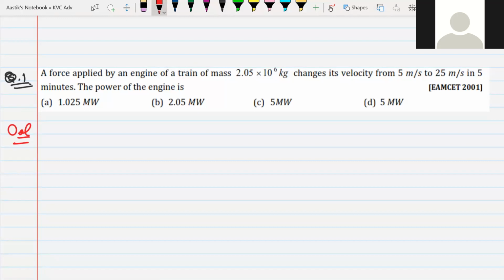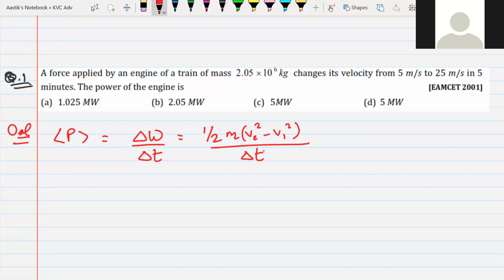That is correct. How did you get it? Sir, average power is total work divided by total time. How do you find out the total work? Total work is the change in kinetic energy, sir. Kinetic energy, half m v2 squared minus v1 squared, divided by the total time.